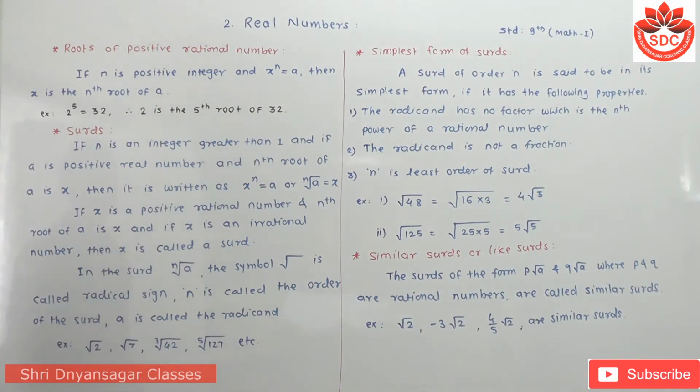Then we have to discuss an important point here, surds. What is meant by a surd? सर्ड मराठीमध्ये आपण याला करणी म्हणतो. मग या सर्डचे काही नियम आहेत, ते नियम आपण बघूया.